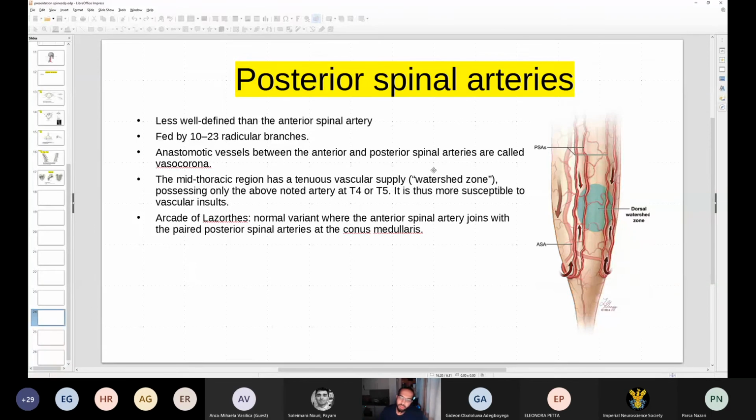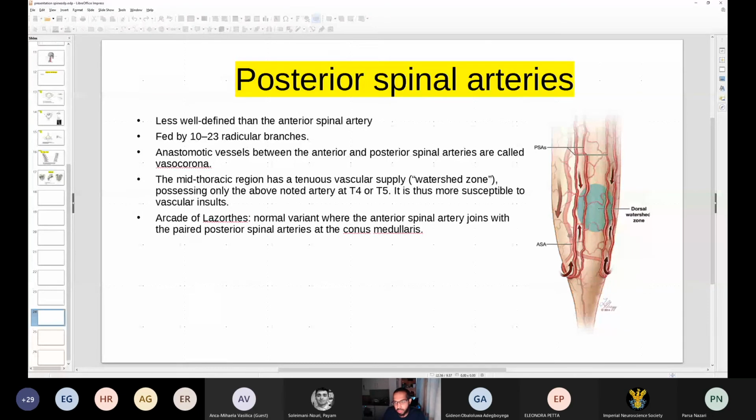In some subjects you will find that the anterior spinal artery, when it's about to end at the conus, so we're looking at the end of the spinal cord here, instead of ending, kind of curves around the conus and then joins the posterior spinal artery.